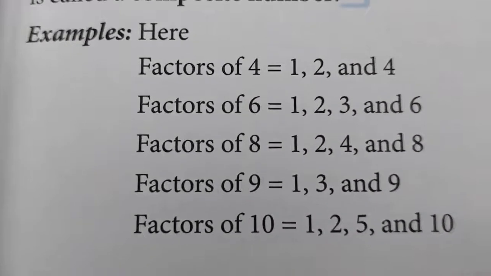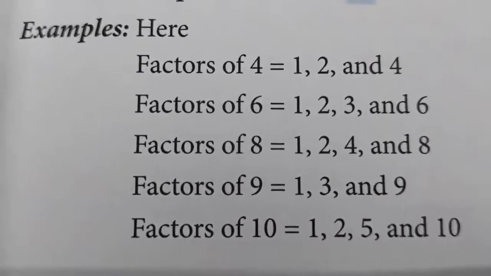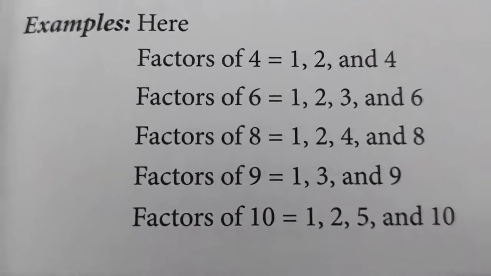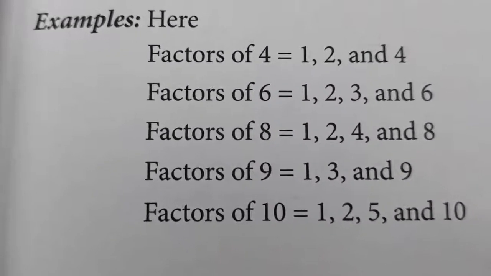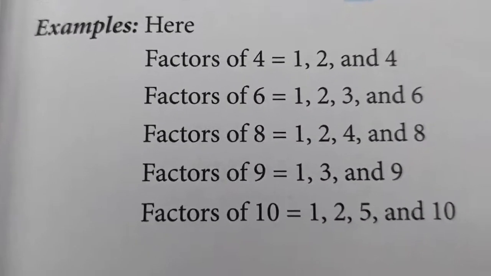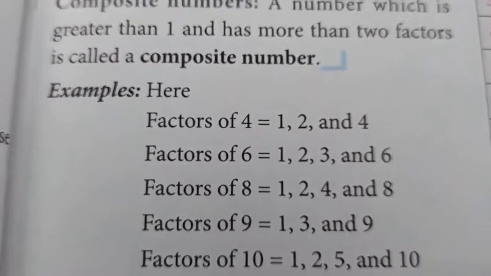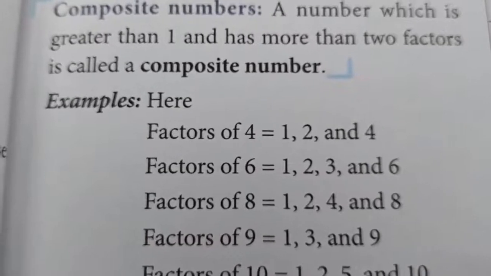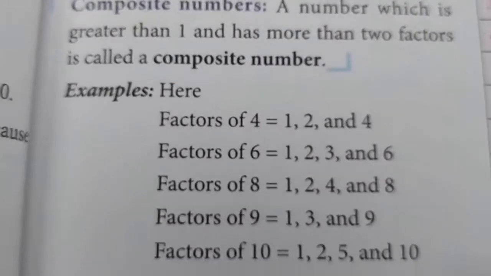Factors of 6: 1, 2, 3, 6. Factors of 8: 1, 2, 4 and 8. Factors of 9: 1, 3 and 9. Factors of 10: 1, 2, 5 and 10. Such numbers are called composite numbers. The numbers which have more than two factors are called composite numbers.